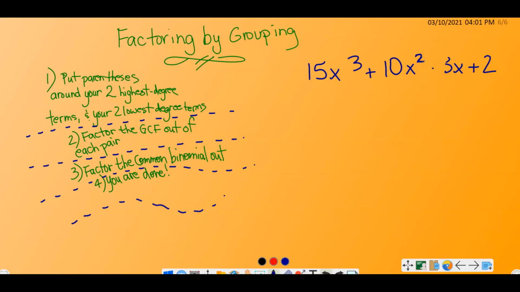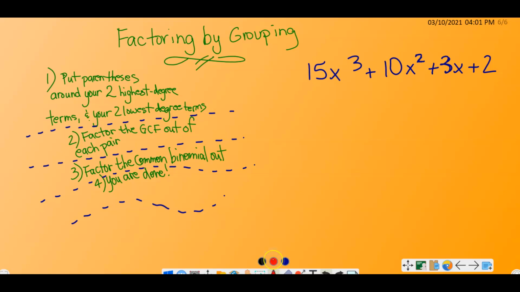Okay, so here is our polynomial. We've got 15x cubed plus 10x squared plus 3x plus 2. So we've got 4 terms here to deal with. So let's follow the steps on the left. You can screenshot these instructions or take a picture.